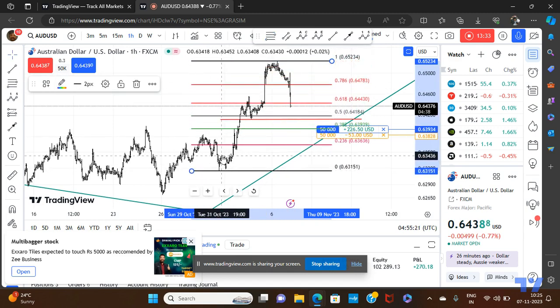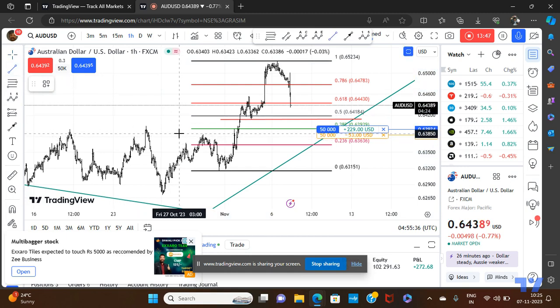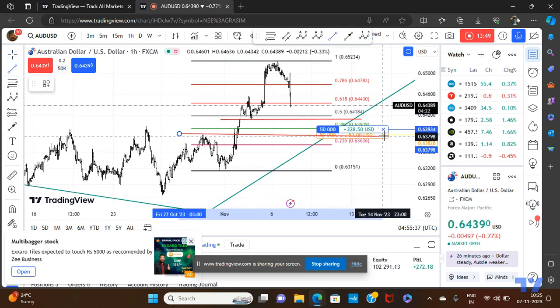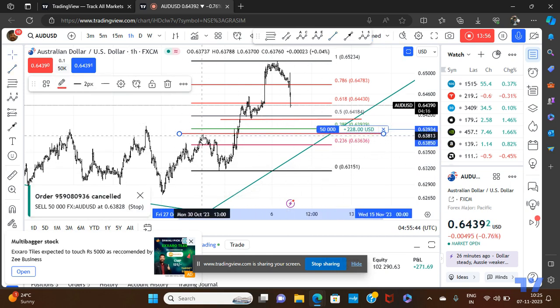This is one wave, one, two, three, four, and five. So I want this correction to stop here, and this is my stop loss. We should not go beyond this 0.63.